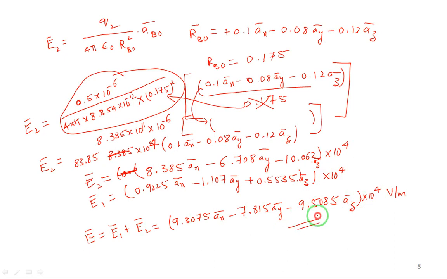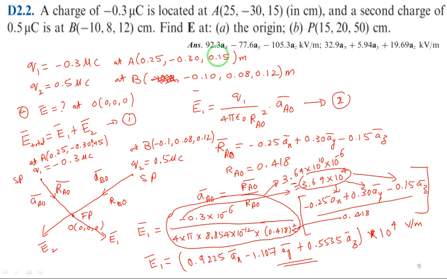We will verify the answer. Let us see what's the answer. Yes, you can see here they are expressed in kilo. Kilo means 10 power 3, but we have expressed in 10 power 4, right? If I express in kilo, the answer is same. 9.2 we are getting, correct? 9.2, 7.7 I think.